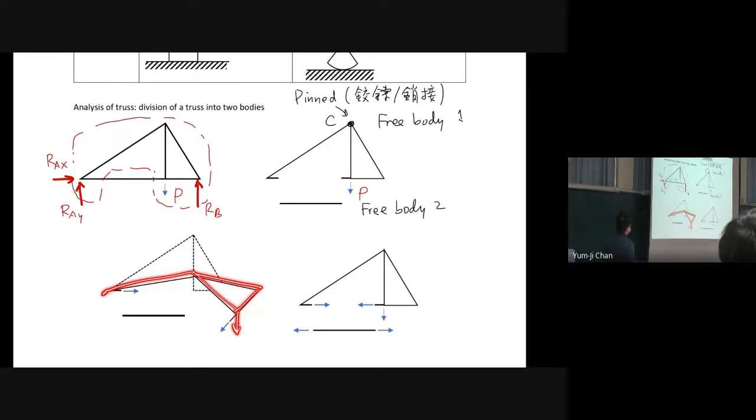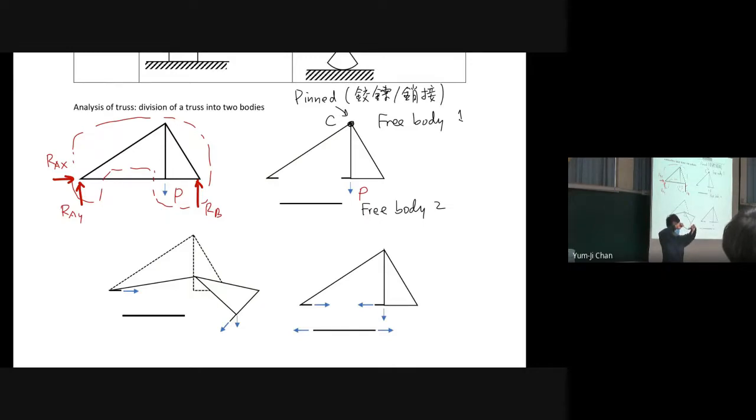How should we get back to the original shape here? We add two forces here. Originally it's like this, and because we have a force here, it goes downwards.